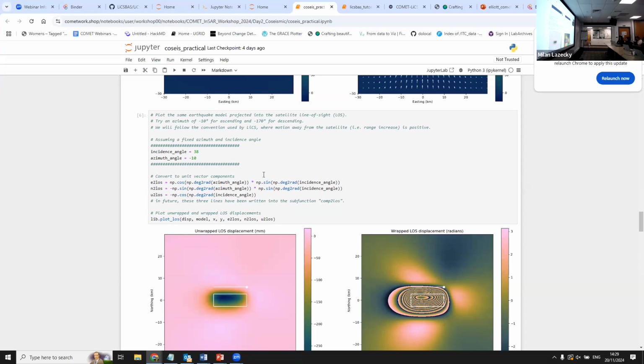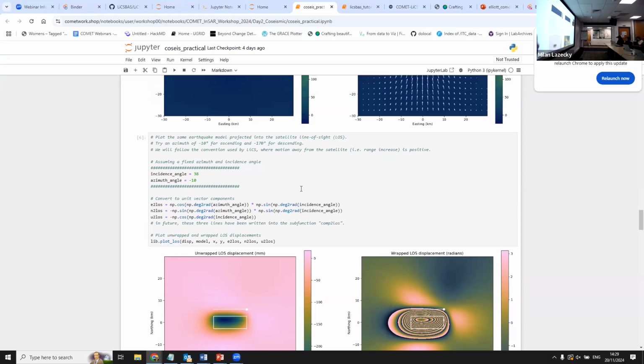For ascending, that's -10, and for descending it's -170. Because of that, we get different amounts of each of the north, east, and up components in our line of sight. North-south is roughly 20%, east-west 70%, up-down about 80, 90%. That's just because of the orientation of our acquisition geometry.